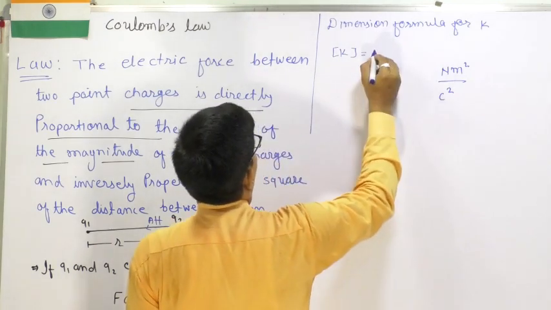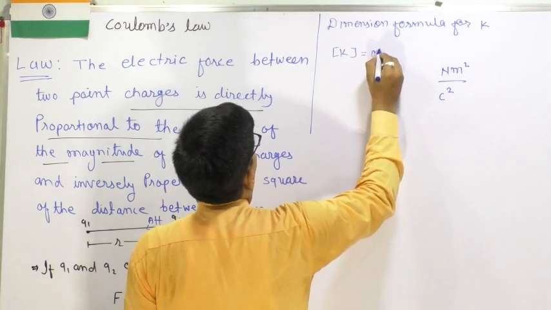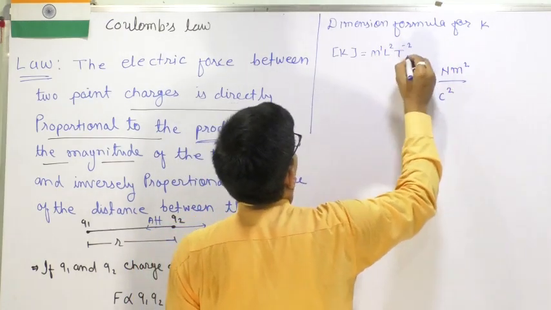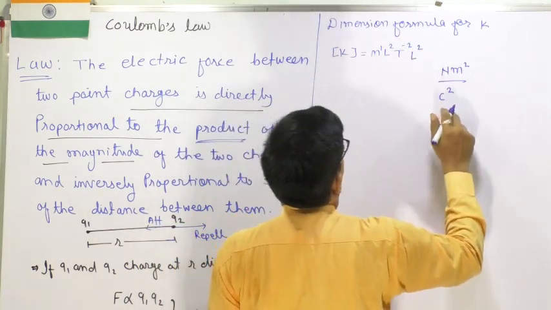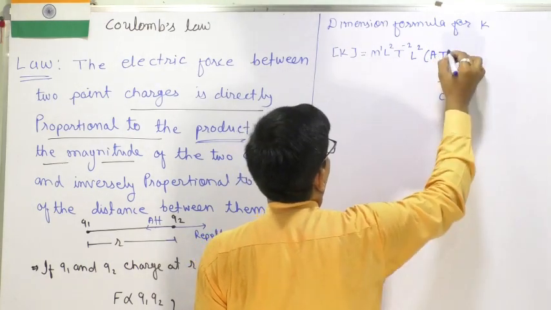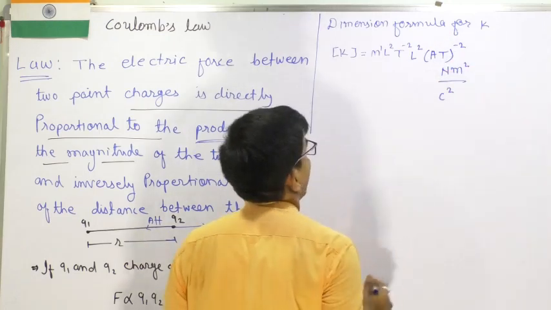Then Newton will be M1 L1 T minus 2, meter square L2, and Coulomb square A T in the denominator raised to minus 2.